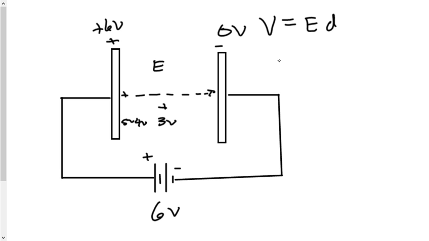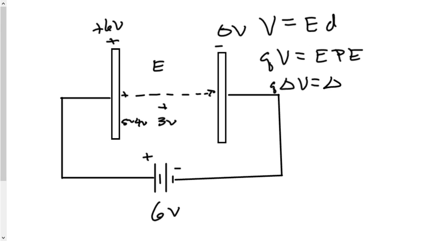Now what if I wanted to find the change in potential energy as a proton goes across our plates? Well, we can use the same equation. Q times the change in volts is going to equal the change in electric potential energy. Please remember that Q is a constant.